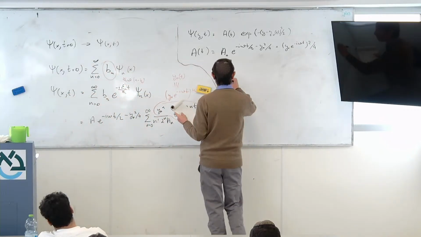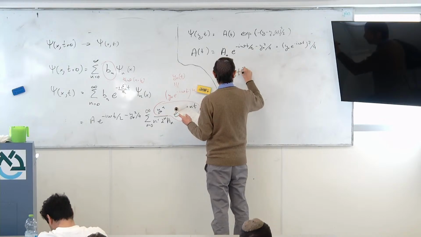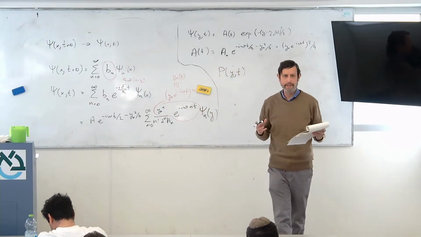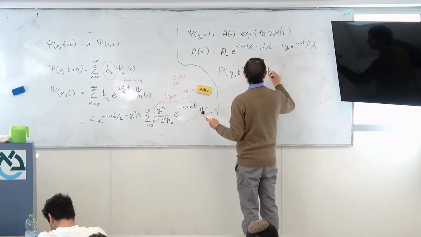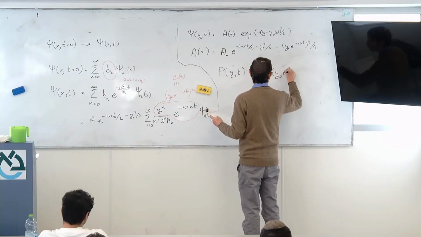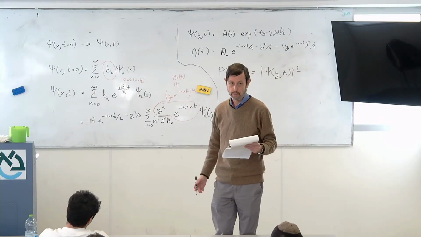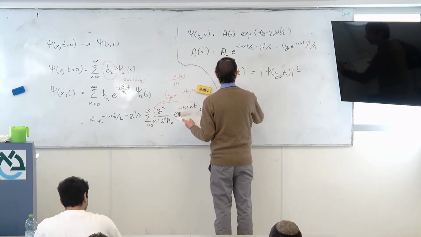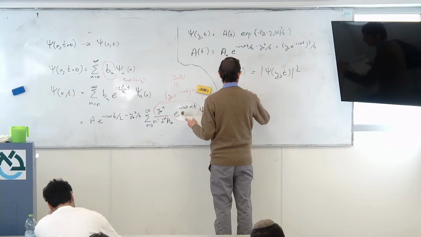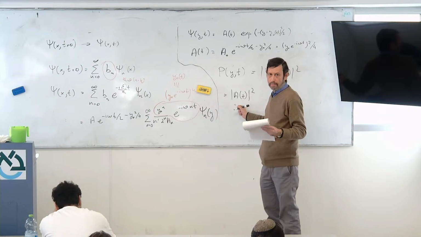Okay. So the probability of finding the particle at point y at time t is the wave function squared. Okay. Happily, I won't need anything here.